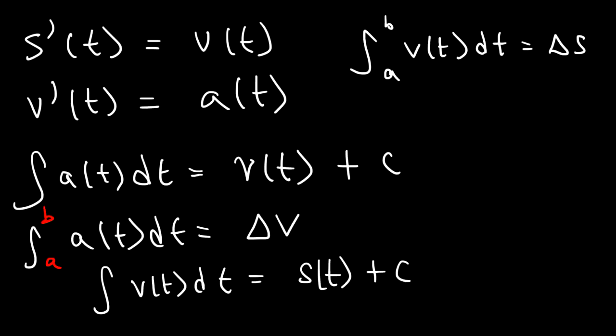Displacement and distance is the same if the object moves in one direction without changing direction. If it changes direction, then displacement and distance are different. So this function always gives you the displacement, which sometimes will be equal to the distance depending on the circumstance, but it's always equal to displacement.